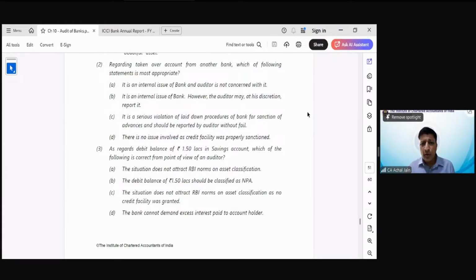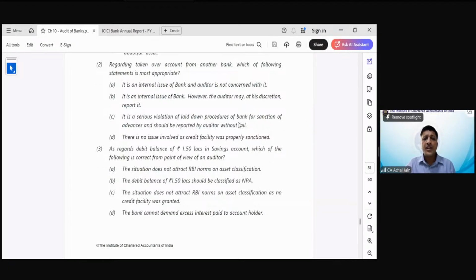Just think about it logically. In fact, you don't need to get into the legal requirement here. Tell me. Over to you. Over to you quickly. Okay.